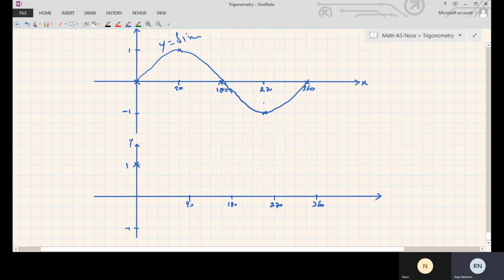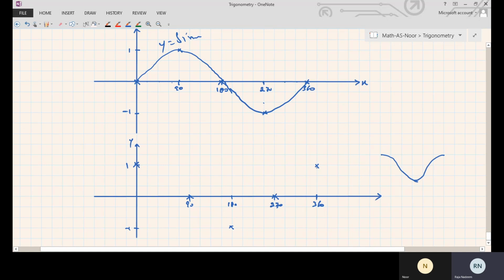Cos 90 is 0. Cos 180 is minus 1, so you'll mark minus 1. Cos 270 is again 0, and cos 360 will give you the answer 1. And the shape of cos would be of this type.